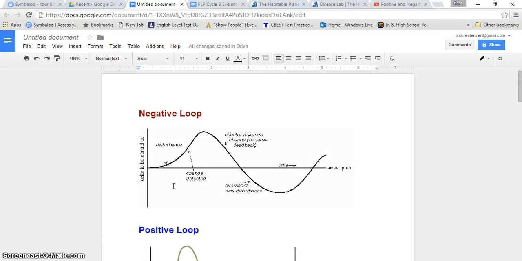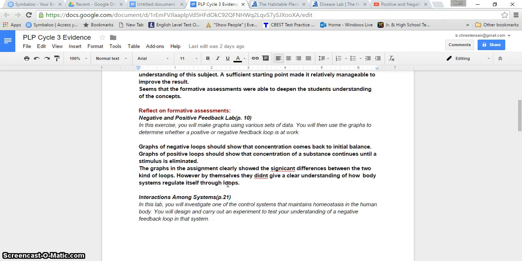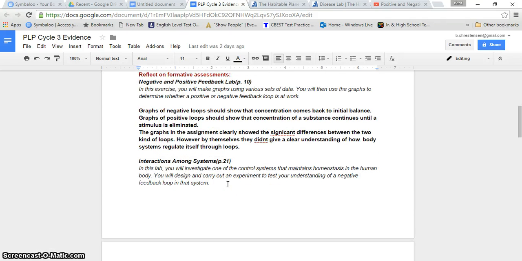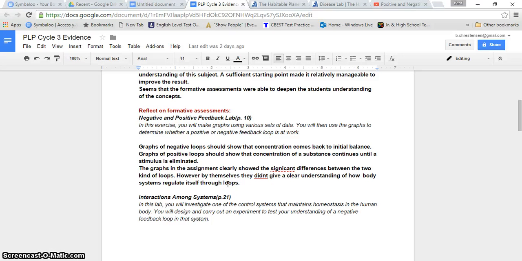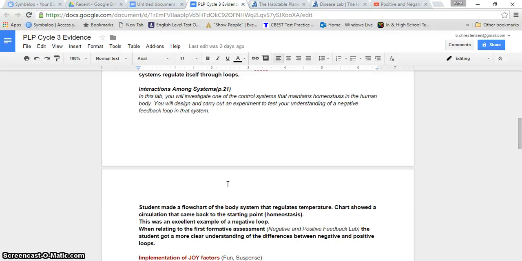And of course you could see the difference between the two kinds of graphs that she made. But after talking to her, she didn't have a very deep understanding of what positive and negative loops actually meant. The second formative assessment was about interactions among systems, where she had to make a flowchart of a body system.